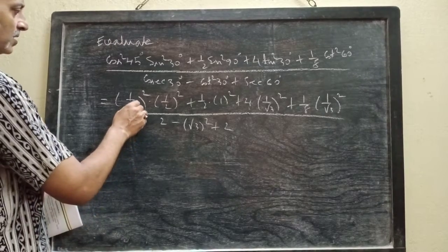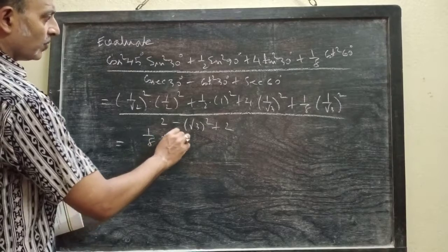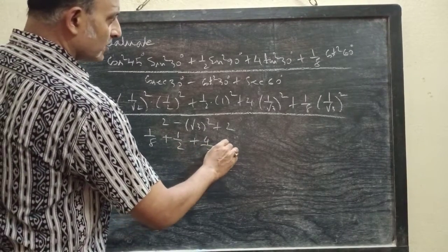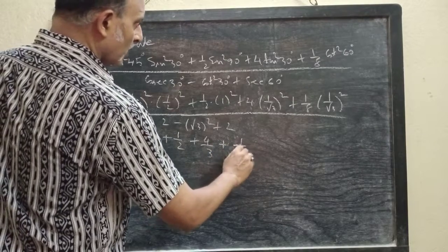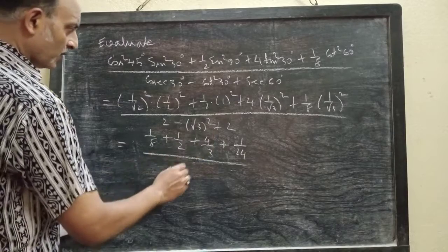Then this is half, this is 1 by 4, so ultimately 1 by 8 plus this is half, this is 4 by 3, this is 1 by 24, 2 to 4, 4 minus 3, this is 1.